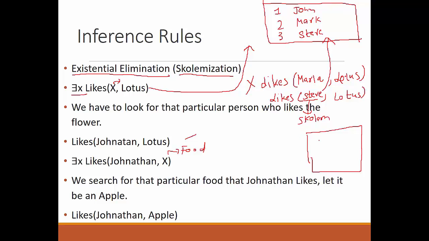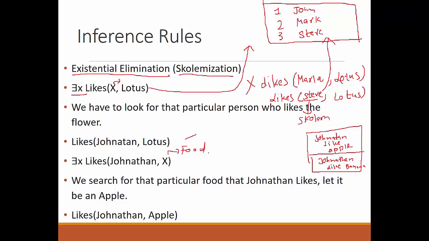So Jonathan likes apple, he likes banana. These are the things that are stored in our knowledge base.